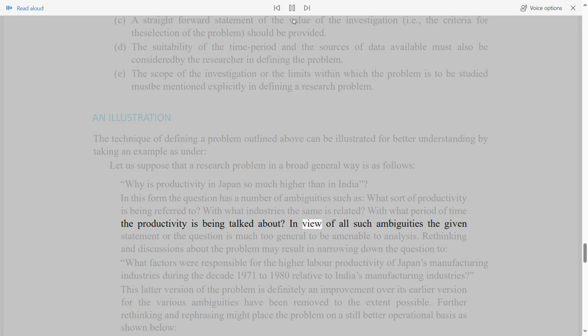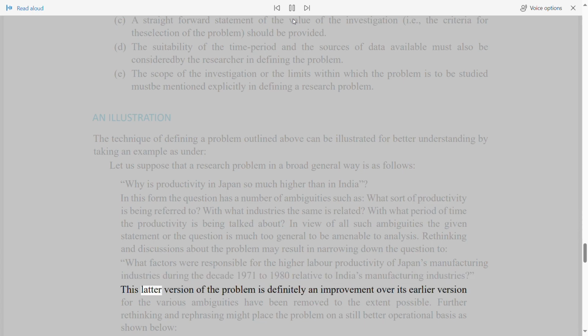In view of all such ambiguities, the given statement or the question is much too general to be amenable to analysis. Rethinking and discussions about the problem may result in narrowing down the question to what factors were responsible for the higher labor productivity of Japan's manufacturing industries during the decade 1971 to 1980 relative to India's manufacturing industries.